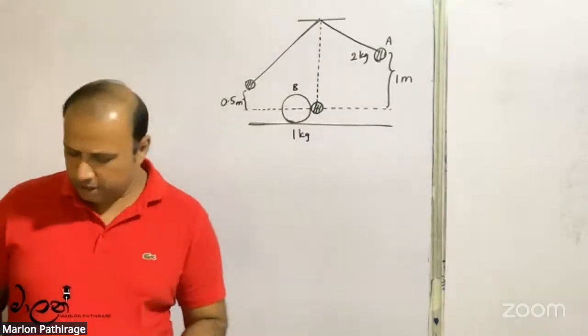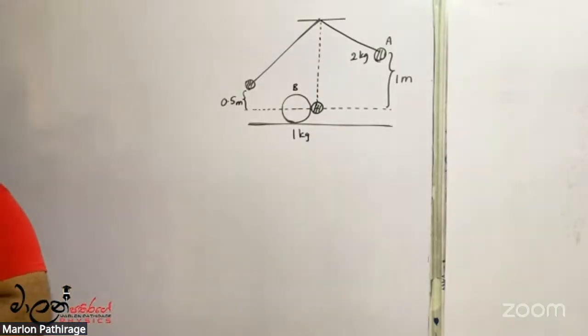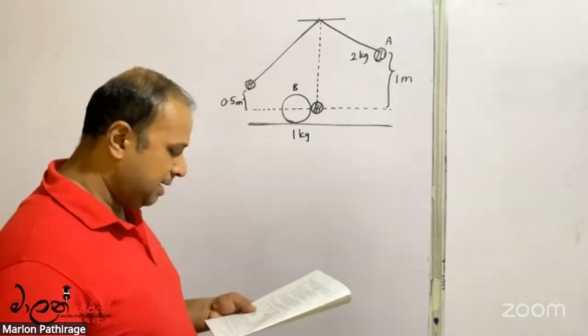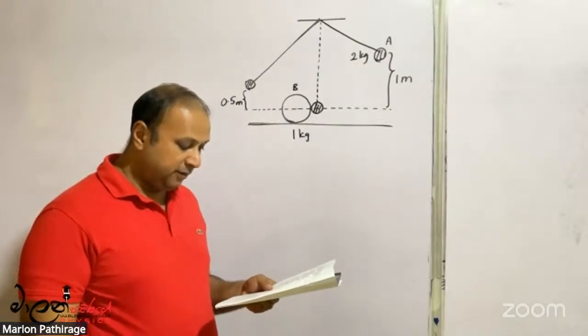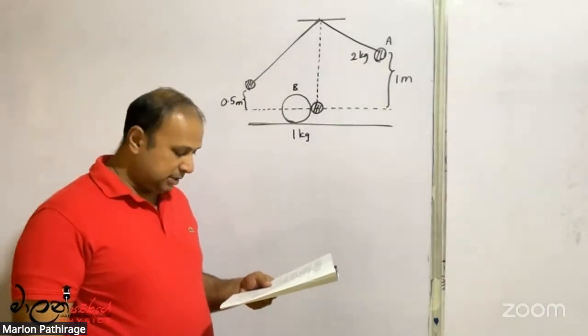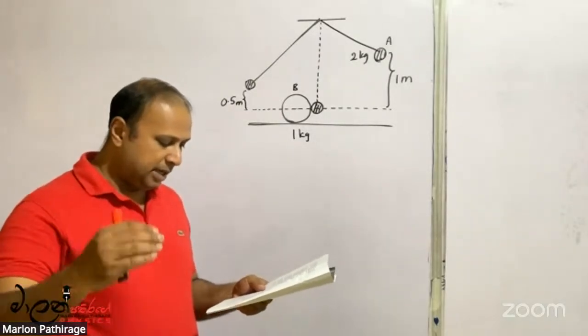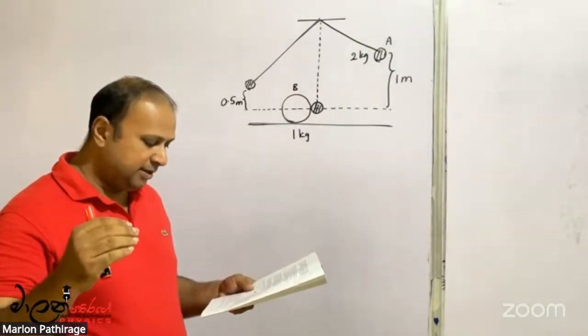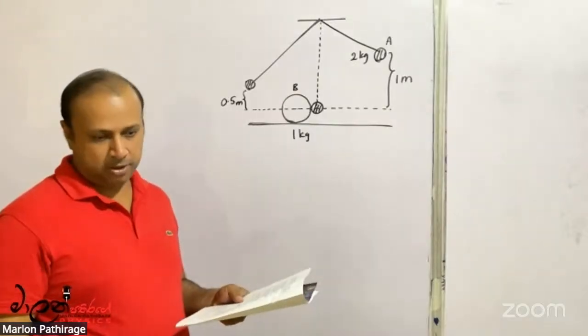A sphere A of mass 2 kg is suspended from a fixed point by a string. As shown in the figure, it is lifted from its equilibrium position to a vertical height of 1 meter without slack in the string and then released from rest.